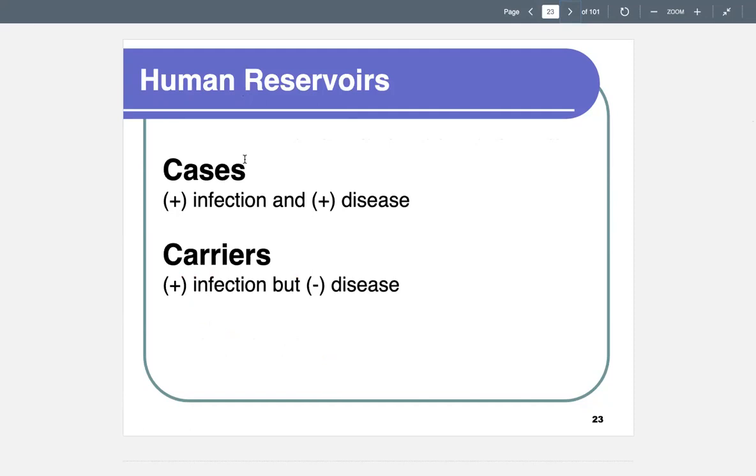In the human reservoir, there are two types: cases and carriers. Cases means the individual, the human being, has a disease or infection. The infectious agent is present in the body and has caused disease. That is why they are cases.